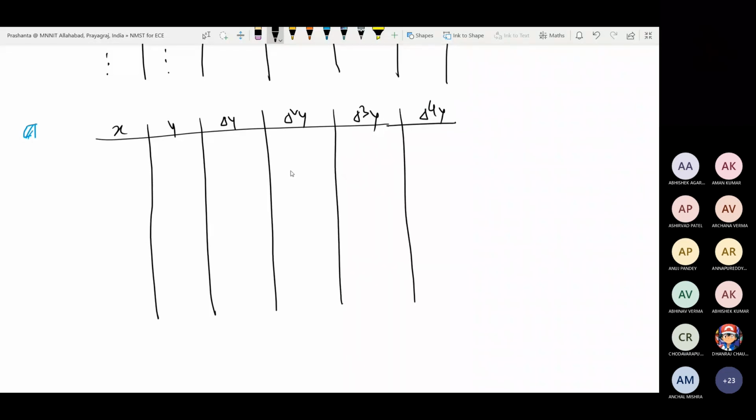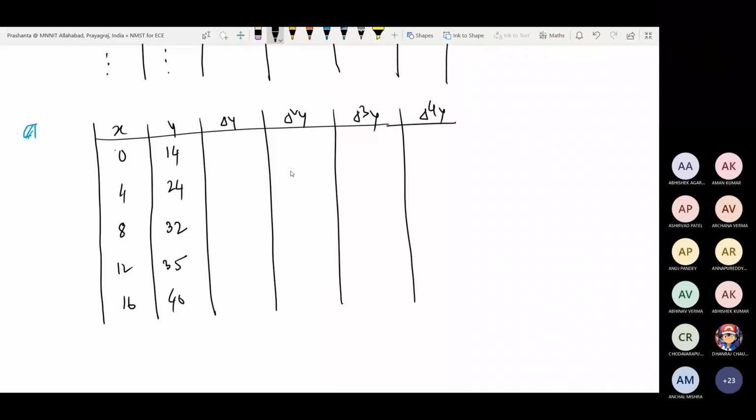The data points are given as 0, 14; 4, 24; 8, 32; 12, 35; and 16, 40. So these are the data points obtained from some experiment.